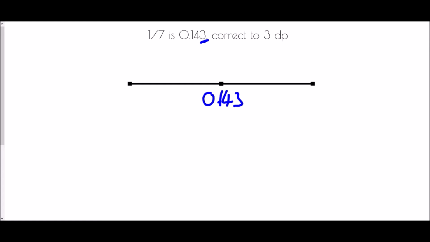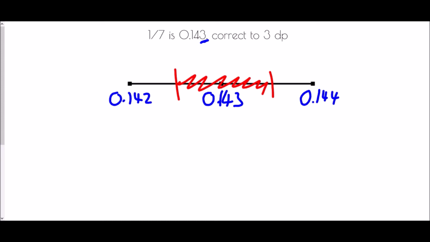And so what would be the value below that? Well, it would be 0.142. The value above it, 0.144. What would be halfway in between? Because it's only, again, the numbers in the middle which would work.